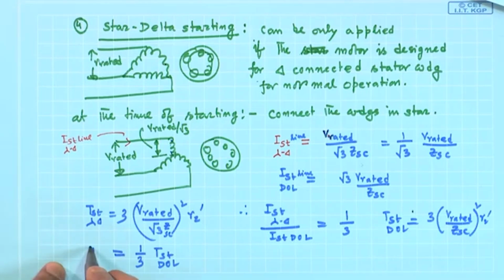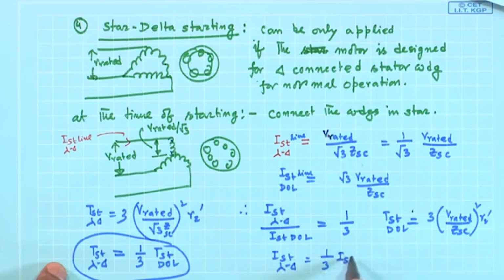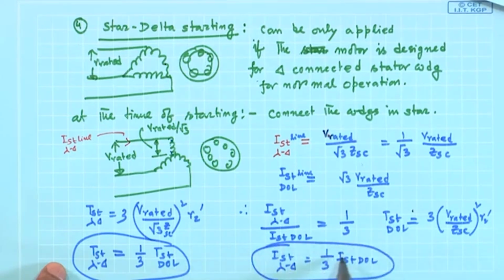Therefore, T starting star delta is 1/3 T starting DOL, and I starting star delta is 1/3 I starting DOL. This is current, this is torque.